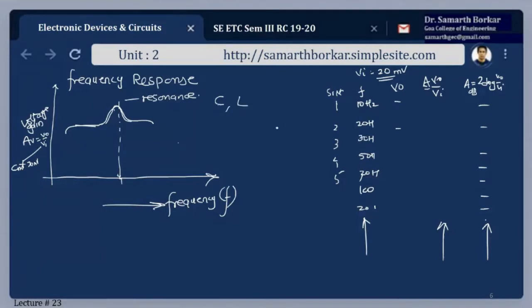Now inductance is related to the coil. Whenever we have the coil, it will have certain inductance. The reactance of capacitor is given as 1/2 pi Fc, reactance of the inductor is given as 2 pi FL. So they are inversely proportional with respect to frequency.